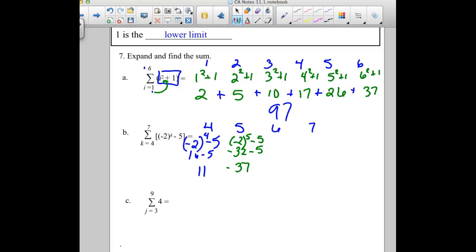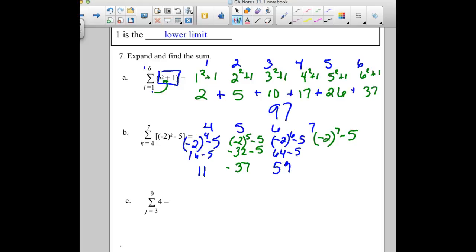Plugging a 6 in, we have -2 to the 6th power minus 5. We said negative 2 to the 5th was negative 32. Times it by another negative 2, and we get 64, minus 5, 59. And then the last one, negative 2 to the 7th minus 5.